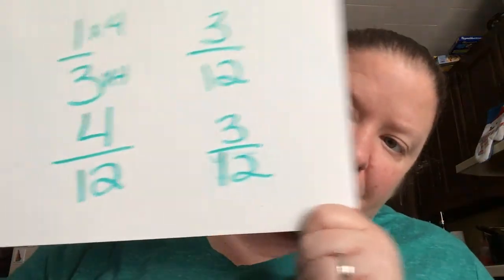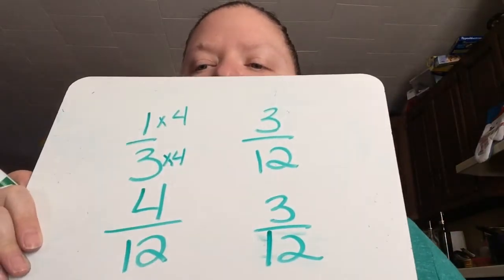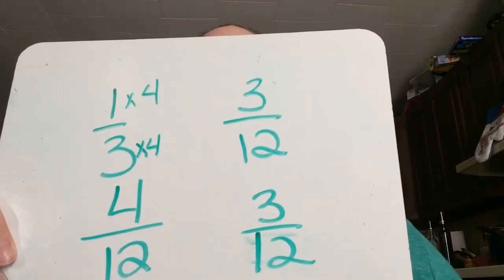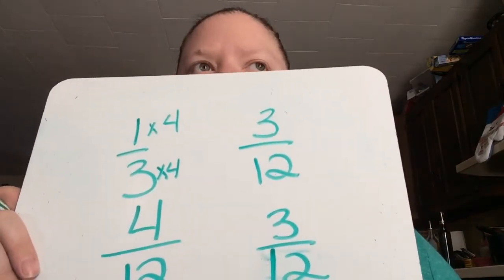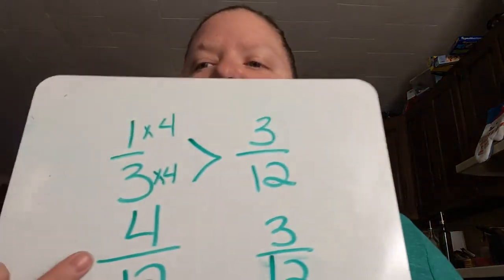And so now I have 4/12 and 3/12. And I can see that 4/12 is bigger than 3/12, which means that 1/3 is also bigger than 3/12. And so I would put my greater than sign in between them.